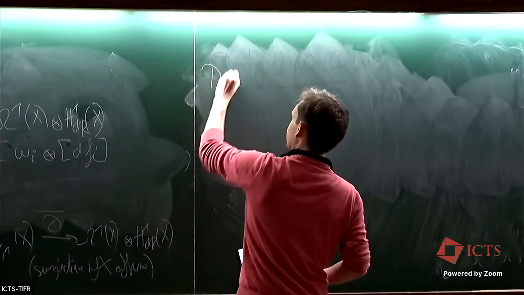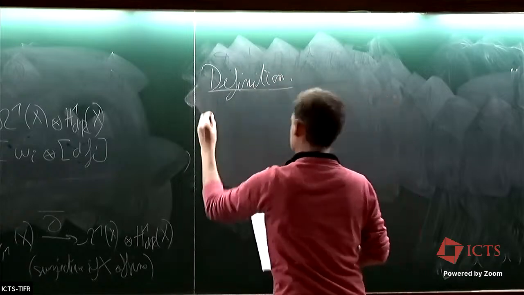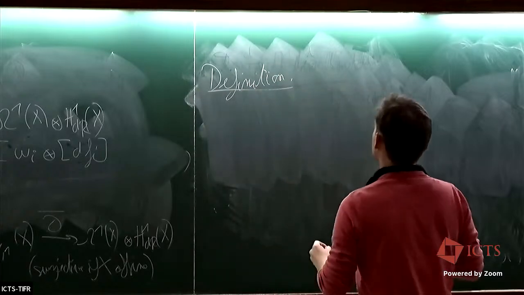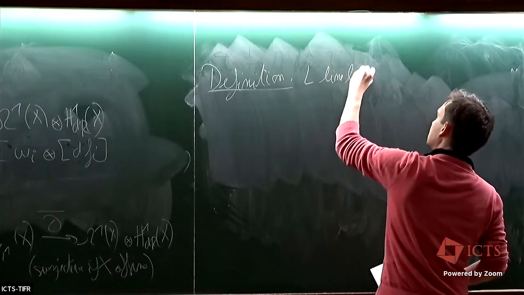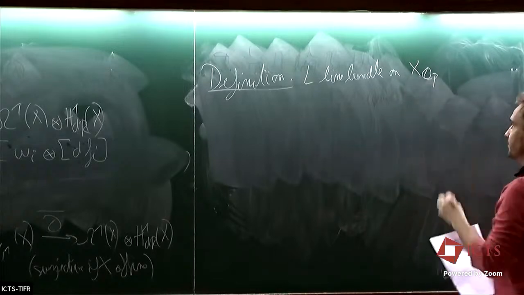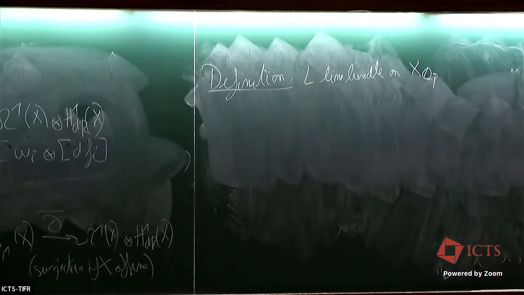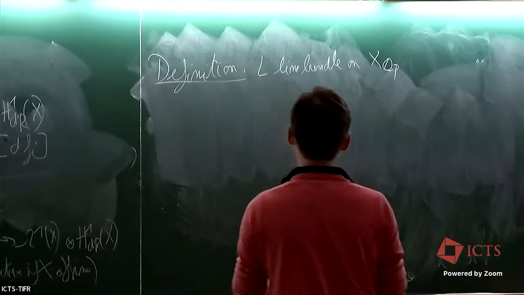So I can actually define log functions on line bundles. Let L be a line bundle on X_QP, the QP line bundle. And here P is really P, it's not Q, it's really P. And there I'm looking for periodic things.